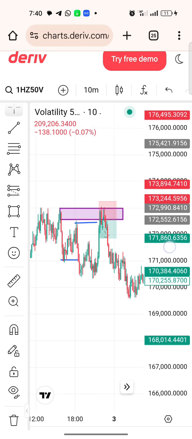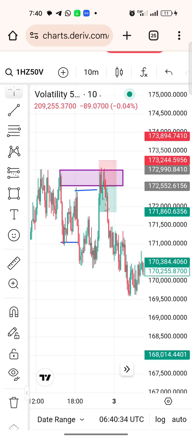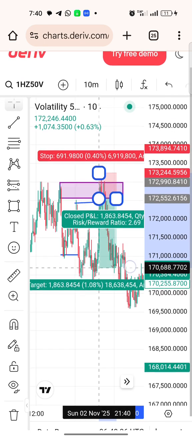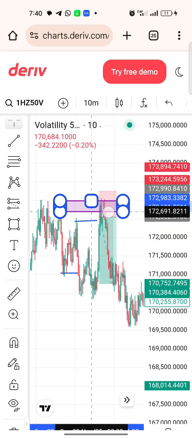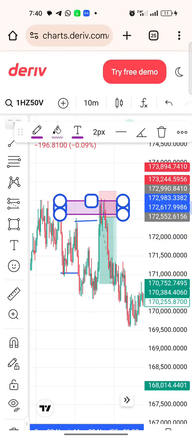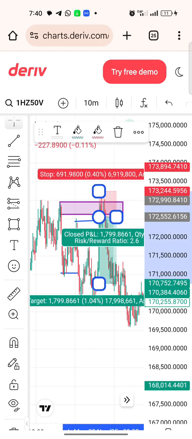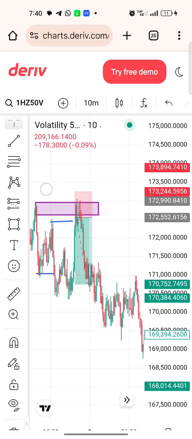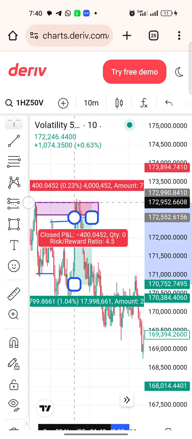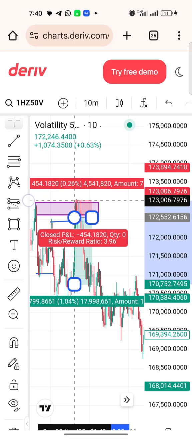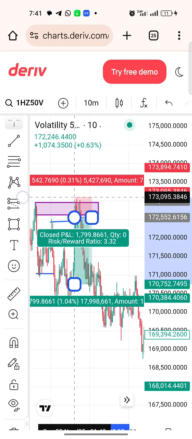So basically this particular setup depends on where you put your stop loss. I like to put my stop loss a little bit above my POI. That's my point of interest. So this is where it ended. Some people like to put it exactly there to achieve a tight risk to reward ratio. But if you put it exactly at the end of your POI, you would have ended up with a very massive loss.